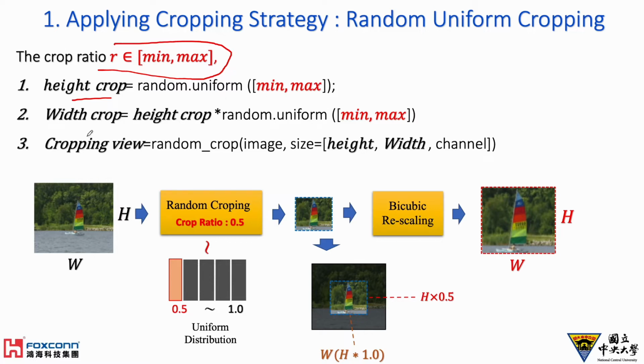The width crop will be estimated through the height crop, multiplied with a random value in the min and max. So in this case, the random crop helps us dynamically define a crop that might suit different datasets. If our dataset has objects that are not always distributed in the center of the image, but somewhere else, the random uniform crop is a good option for the cropping strategy.